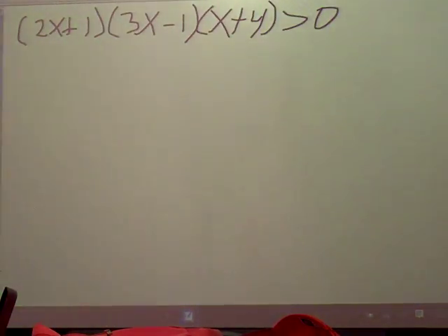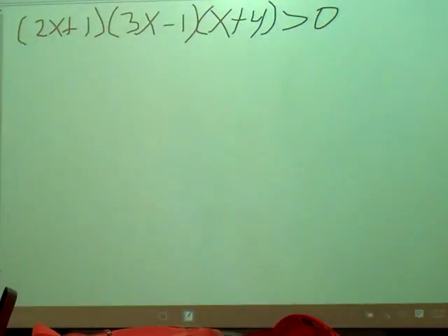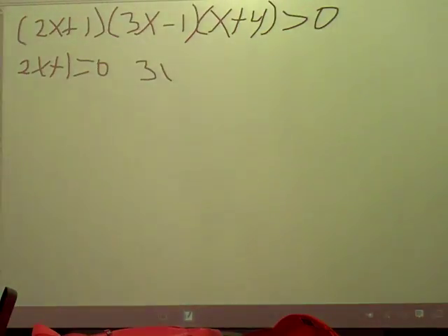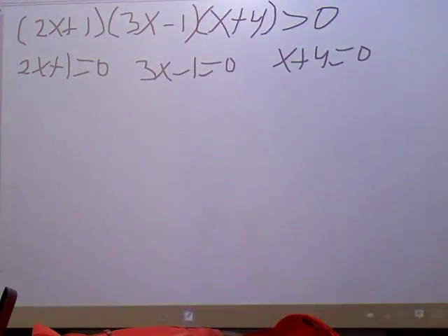So all you have to do is take each of your factors, set them equal to 0, and solve little middle school equations. So you'll say 2x plus 1 equals 0, and I'll solve that in a second. 3x minus 1 equals 0, and I'll solve that in a second. x plus 4 is equal to 0. Okay, start solving those. Those are all easy two-steppers.